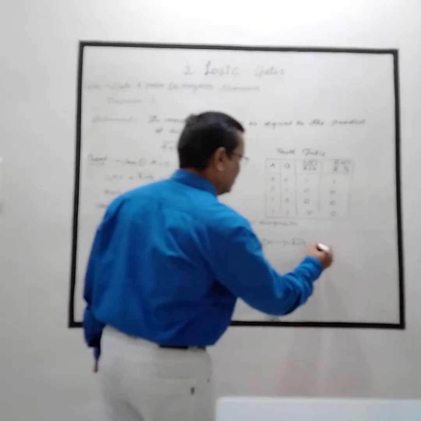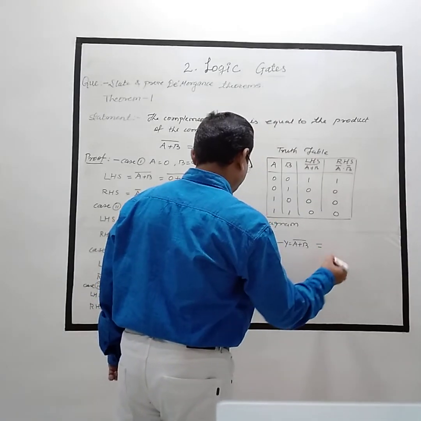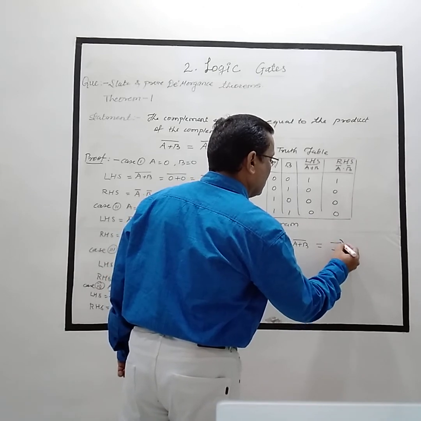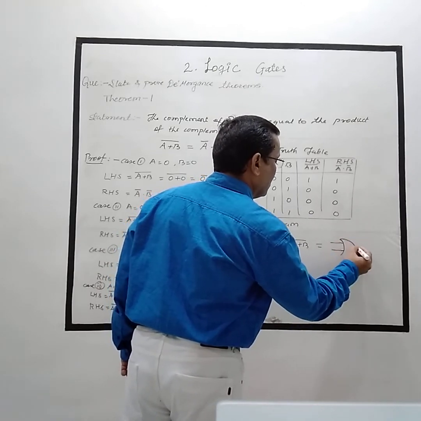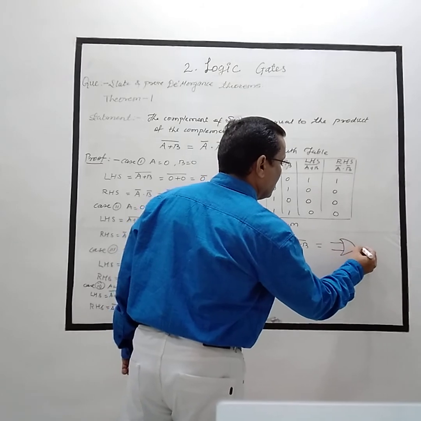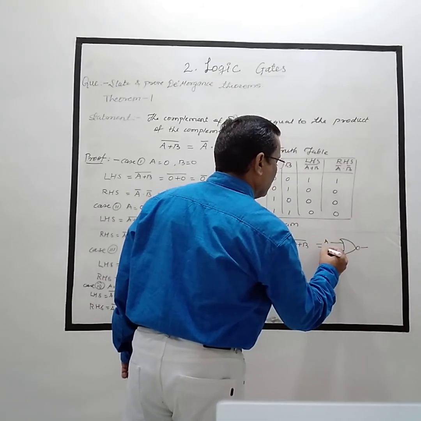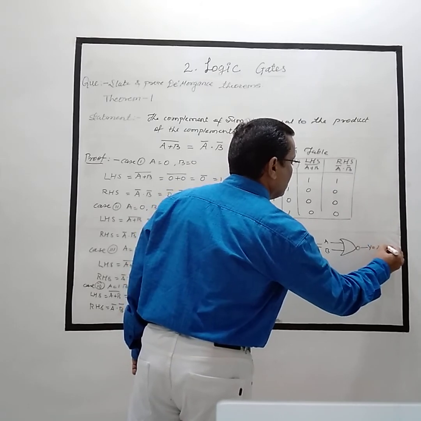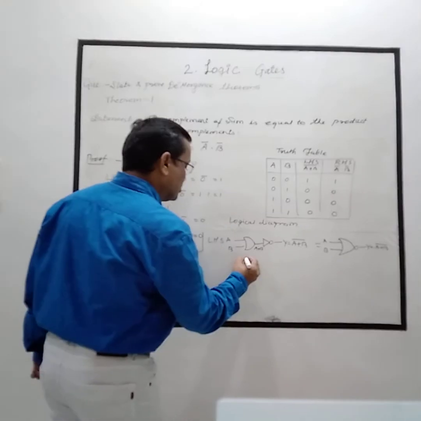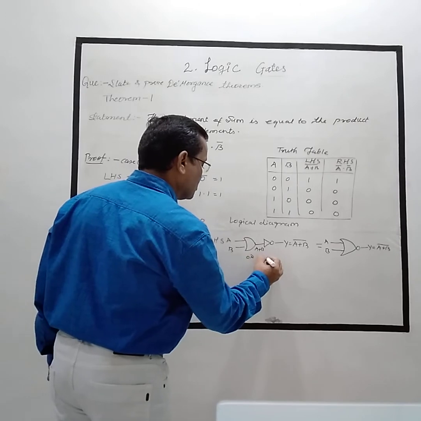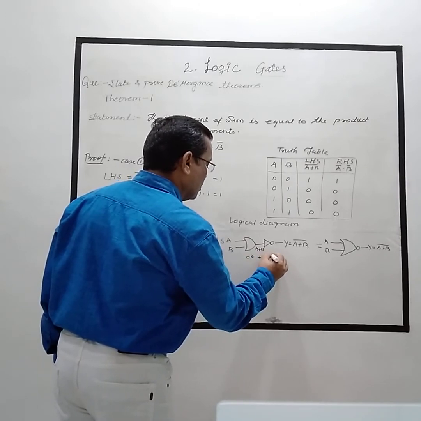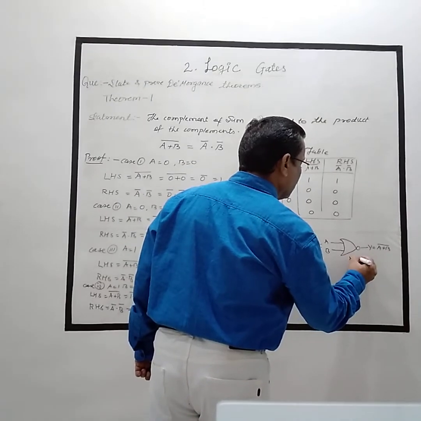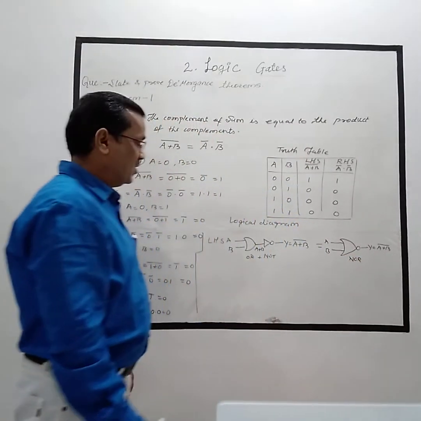which is equal to a NOR gate. A, B, Y is equal to A plus B whole complement. This is OR plus NOT, which is equal to the NOR gate.